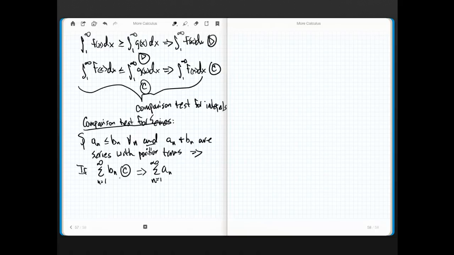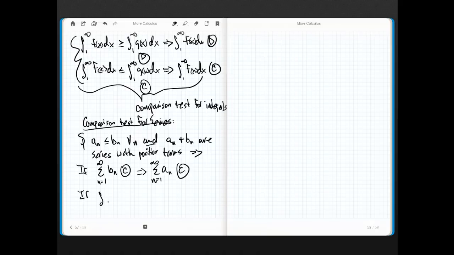Well, if this guy converges, and this guy's always got positive terms, but all the values are less than or equal to the values in b sub n, then this guy has to converge. It's just an extension of the comparison test for integrals, the integral comparison test.